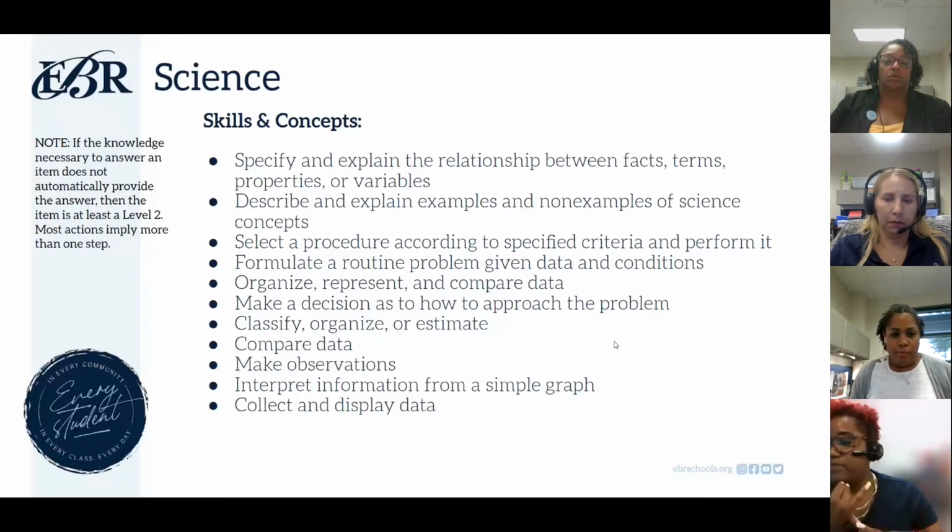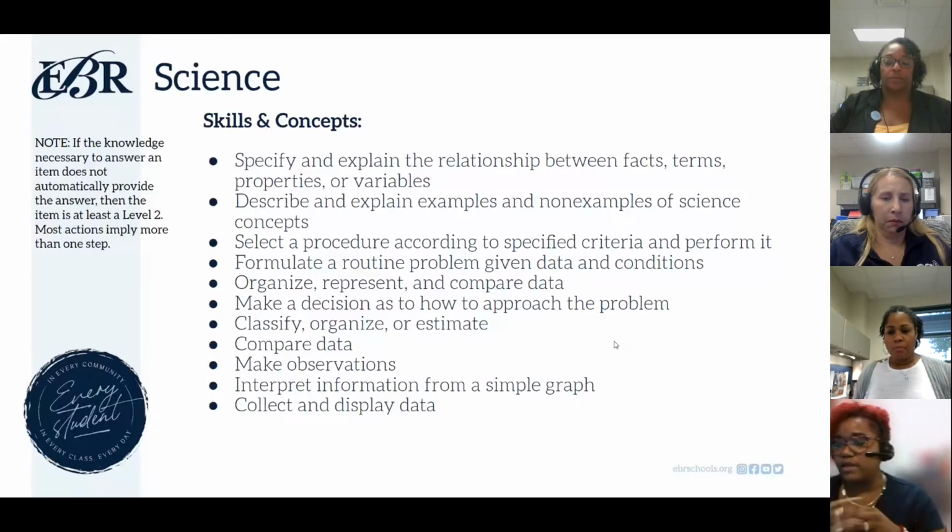When we're making observations, comparing data, classifying or organizing things, or even coming up with estimates, these things are still considered DOK level 2 because they are skills and concepts. When we interpret information from just a simple graph, and we're not doing anything more than interpreting information from that graph, depending on what we knew previously, that would still be considered DOK level 2.